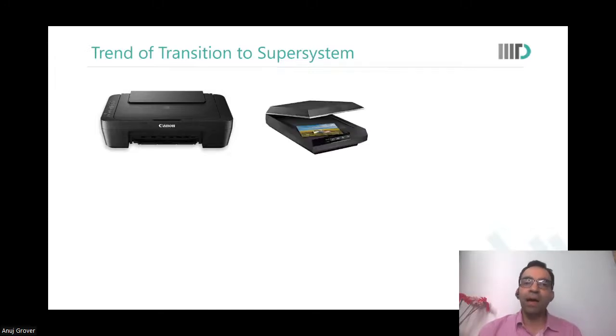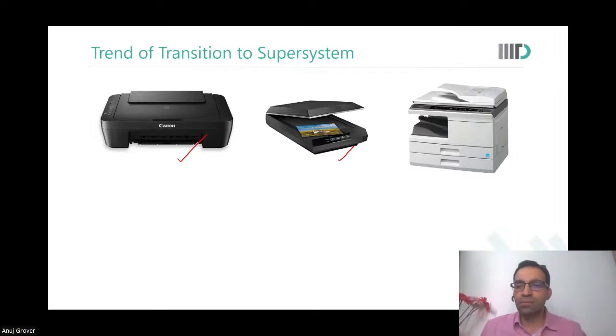So some time back, you used to have a printer, you used to have a scanner, you used to have a fax. So this was the fax, scanner, and printer. The super system was office workspace.